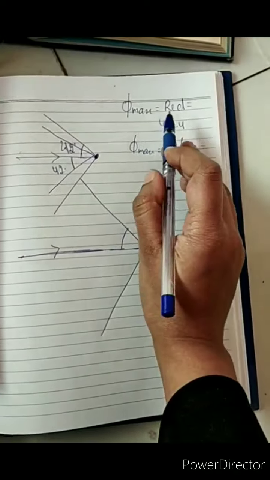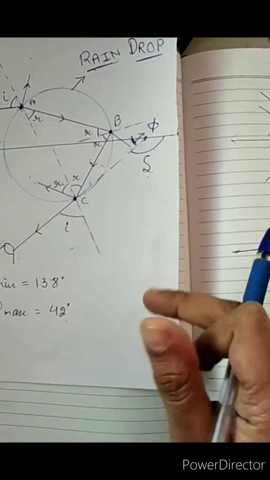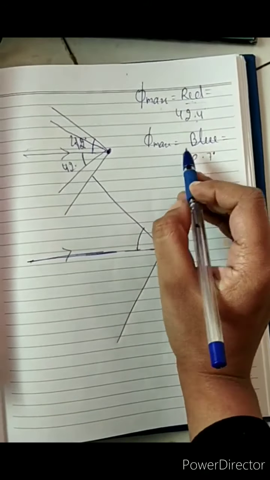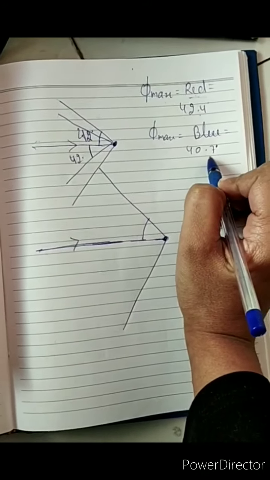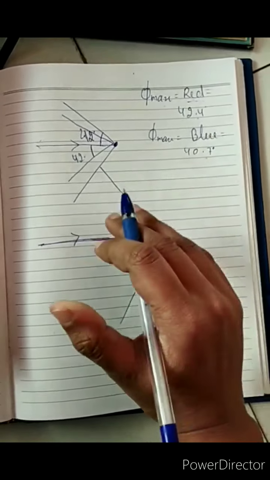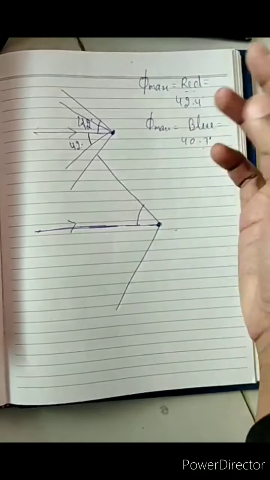Now friends, this phi varies for different colors. The maximum phi for red light is 42.4 degrees, and for blue it is 40.7 degrees. Of course the angle of blue is less, so blue should be inside, and the red angle is higher, so red should be outside.